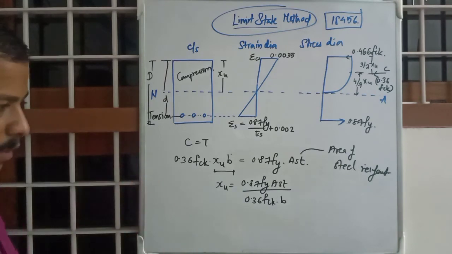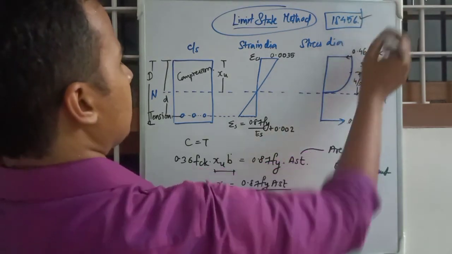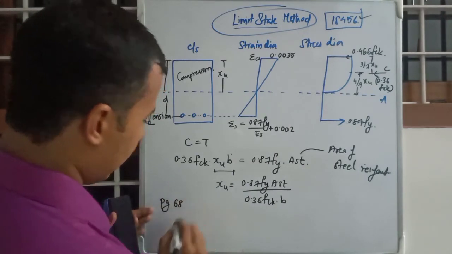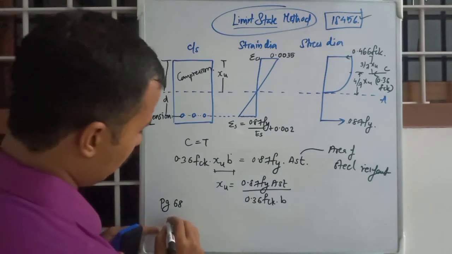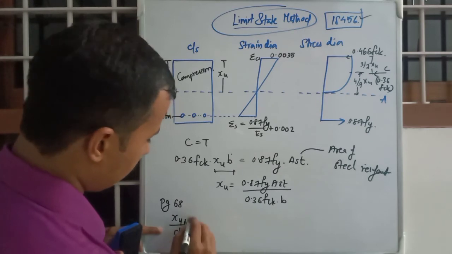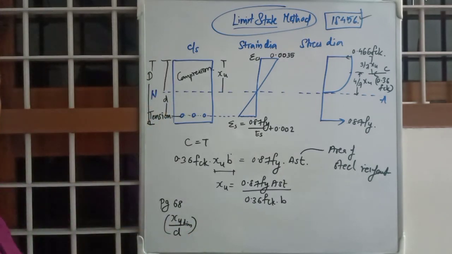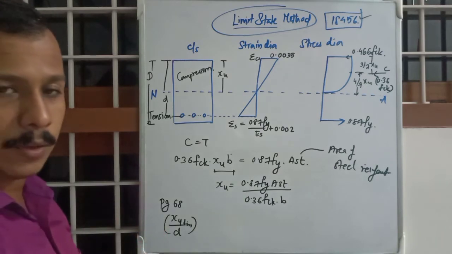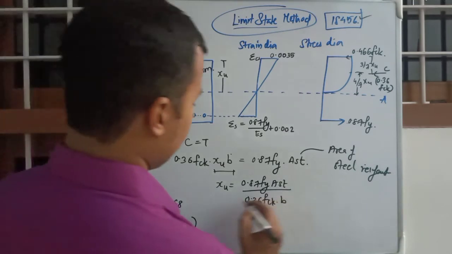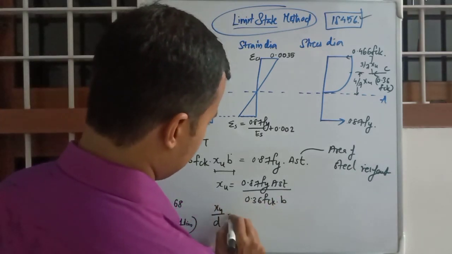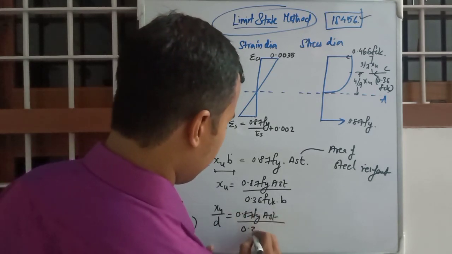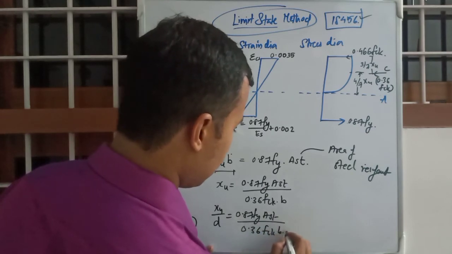And the next point: from the IS code you will have a table on page 68 with standard values of XU limit by d for each Fy value. So we will take XU by d as 0.87 Fy Ast divided by 0.36 Fck b into d.